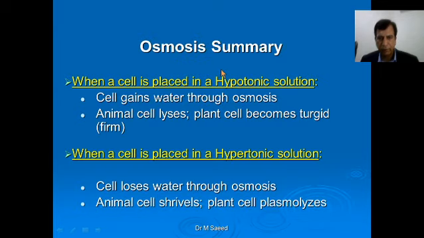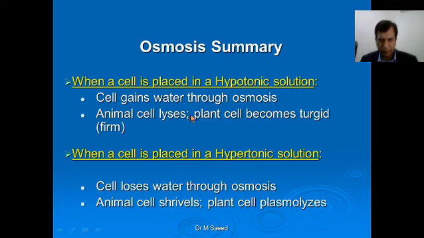What summary do we get after looking over these slides? When a cell is placed in hypotonic solution, the cell gains water through osmosis; animal cells are lysed, and plant cells become turgid. When a cell is placed in a hypertonic solution, the cell loses water through osmosis; animal cells shrivel, and plant cells are plasmolysed.